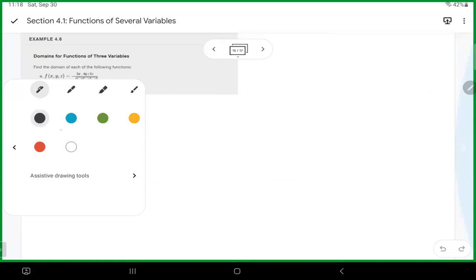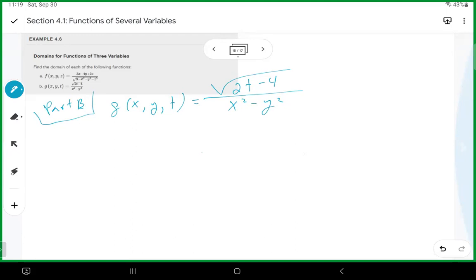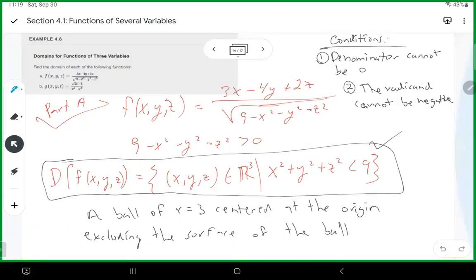So we are looking at g of x, y, t given as the square root of 2t minus 4 over x squared minus y squared. So for this function to be defined, we have the two conditions, which, can I copy and paste those? I'm not sure.